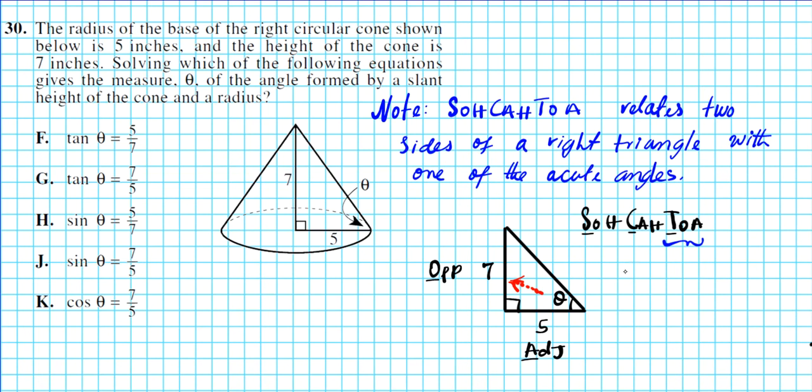TOA tells us that tan theta is equal to opposite over adjacent. Alright, so since the adjacent is 5 and the opposite is 7, tan theta is simply going to be 7 over 5. The answer to number 30 is option letter G.